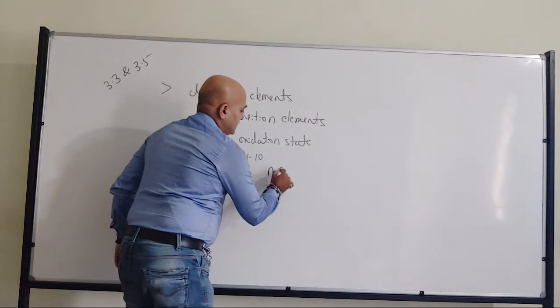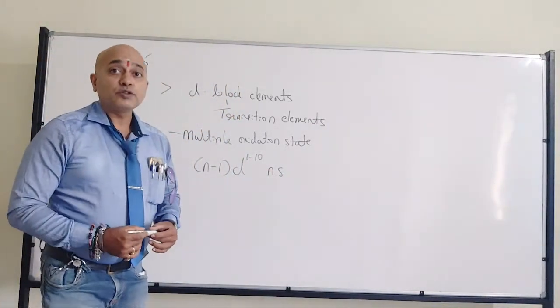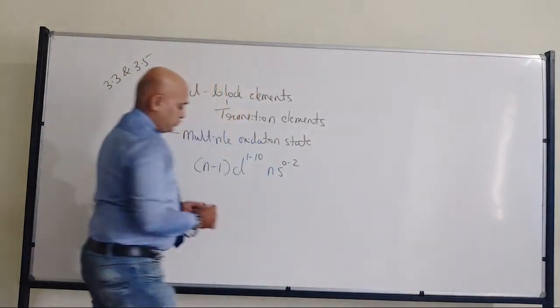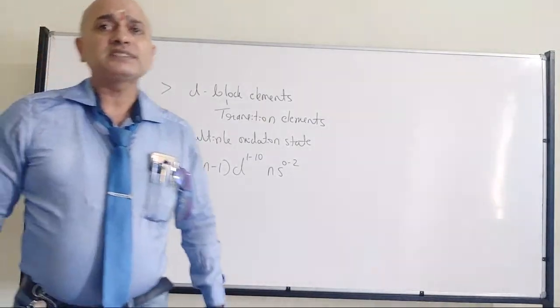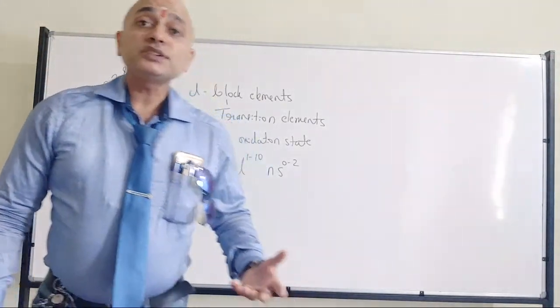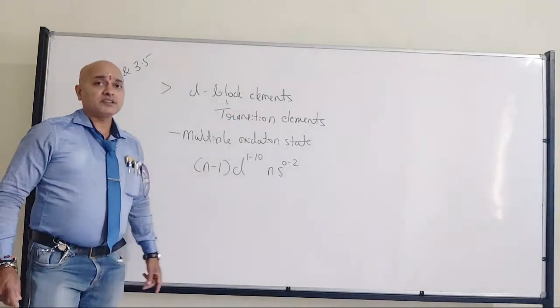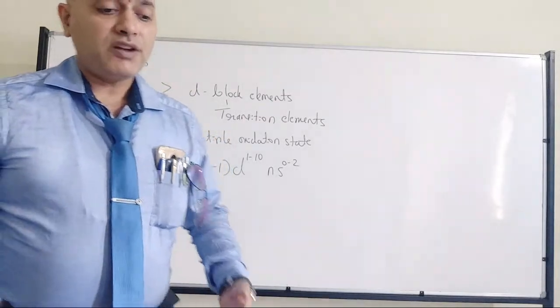Now ns should be 0 to 2, because we have seen chromium and some examples where the S subshell is not completely filled. Before that, the D subshell was getting electrons, right?